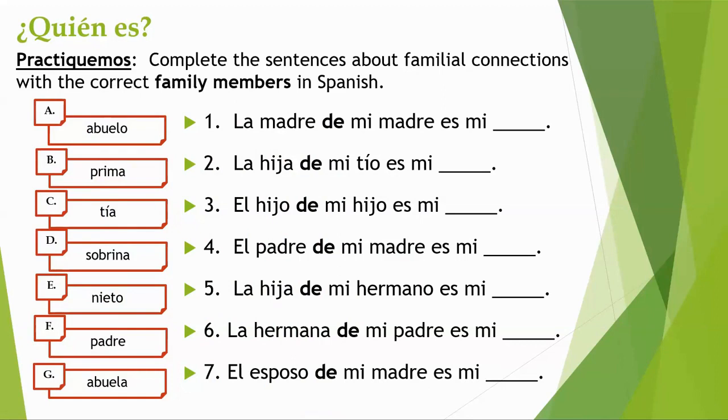Now, this is the same as me saying, if I ask you the question, or if I just say to you, the brother of my mother, who would that be? The brother of my mother is my what?